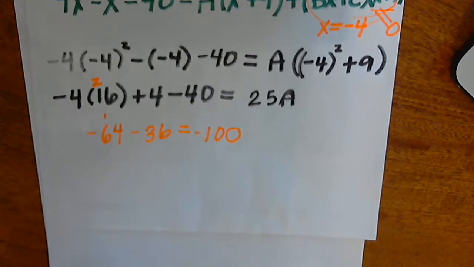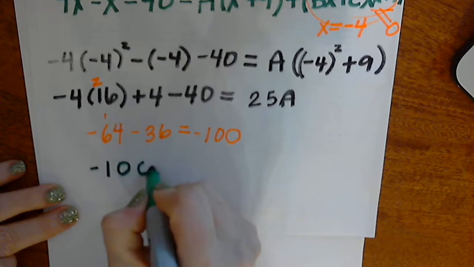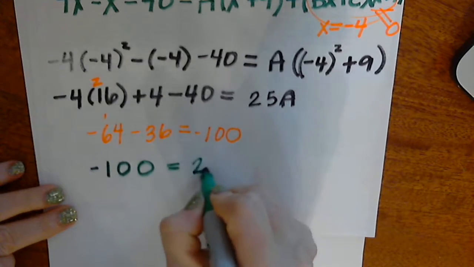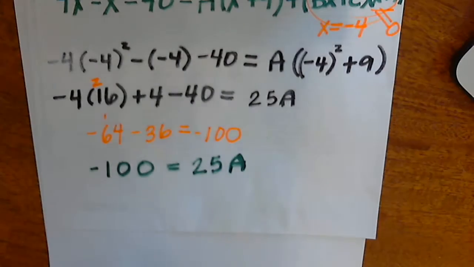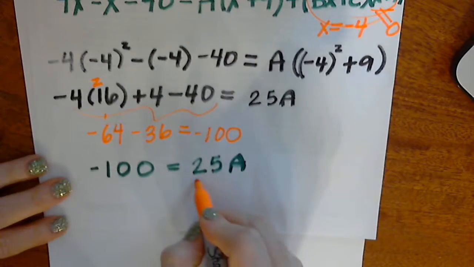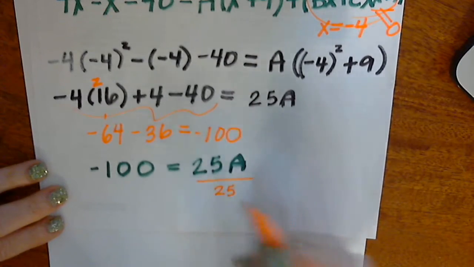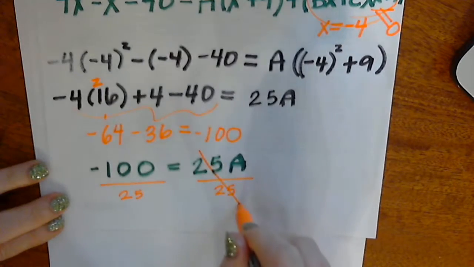So we have a -100 equals 25a. So then from here, all this is -100, divide both sides by 25. 25 divided by 25 is 1.